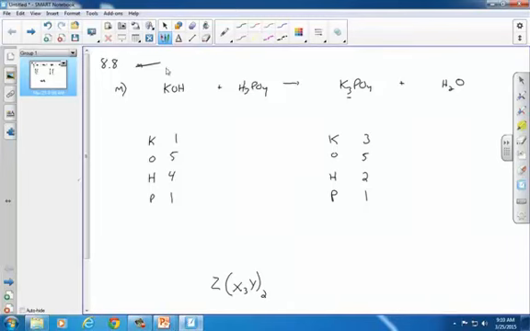So a subscript tells you how many of that element there are, but then if that group, in this case the X3Y group, is inside parentheses, there's a subscript outside of that that tells you how many of those groups you have. So each group has 3 X's, and I have 2 of those groups, so that's 3 times 2, or 6 total X's. So be aware of that type of formatting as well.